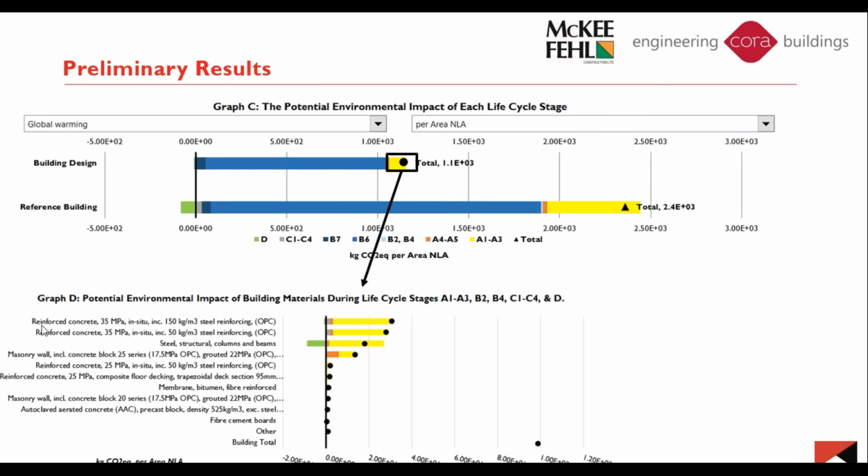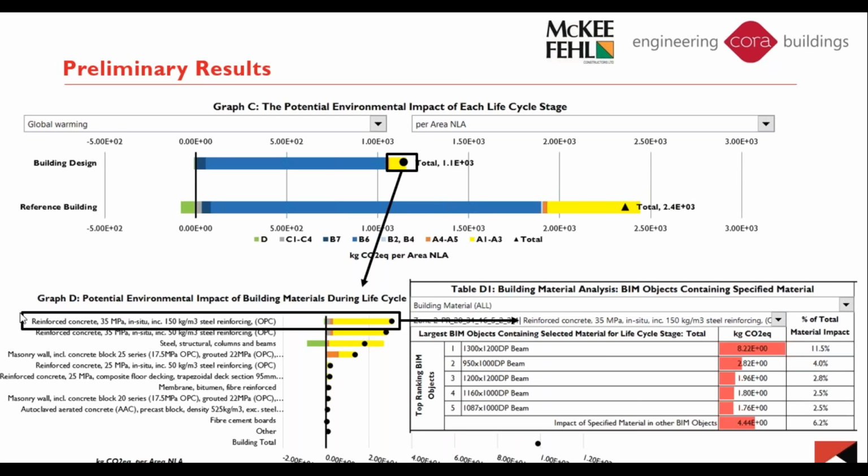Again, you can see that reinforced concrete 35 MPa is one of the largest materials contributing to that overall embodied impact. Using LCA Quick, we can expand that further, asking the question of, in our BIM model, which of the BIM objects is using that reinforced concrete and what is their environmental impact?